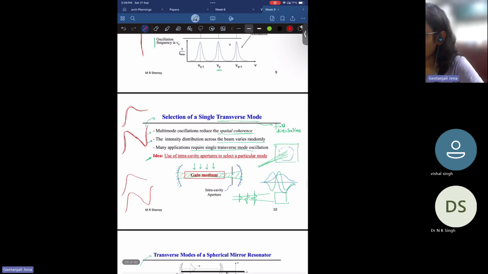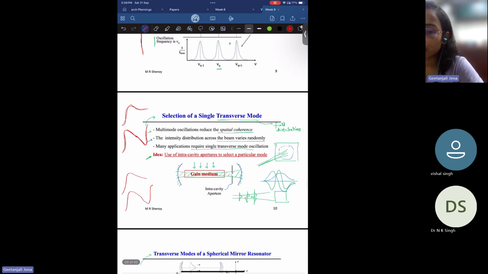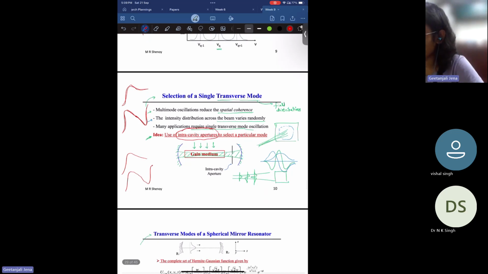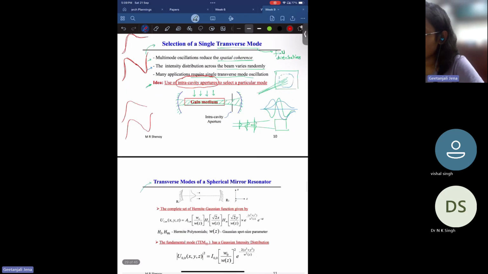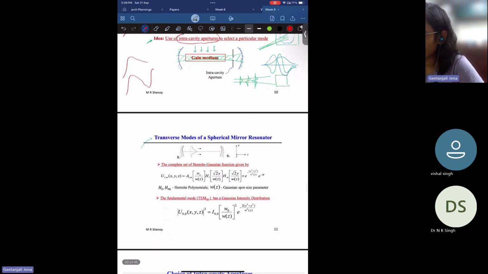So for this, in the longitudinal mode selection, we use an intracavity etalon. For this single transverse mode selection, we can use an intracavity aperture. Okay, so now we'll see how you can use this to select a particular beam pattern.